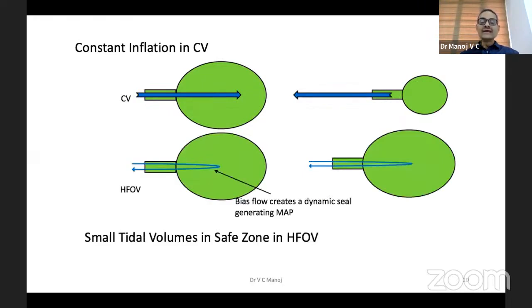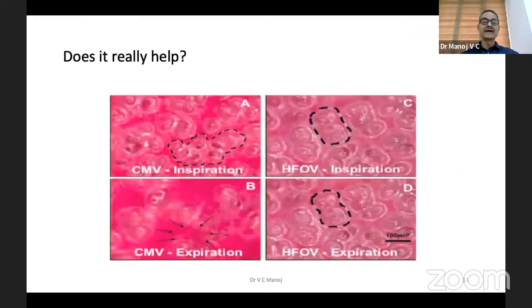So in conventional ventilation, you have only one-way traffic, whereas in HFO, the bias flow that is produced creates a dynamic seal, and then the mean airway pressure is used, and there exhalation and inhalation take place at the same time.